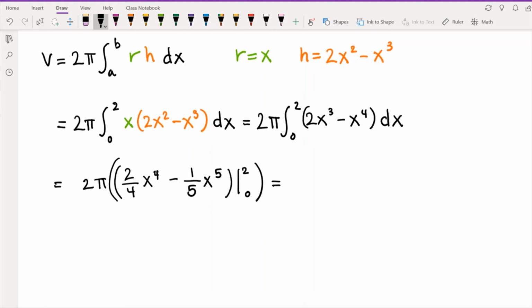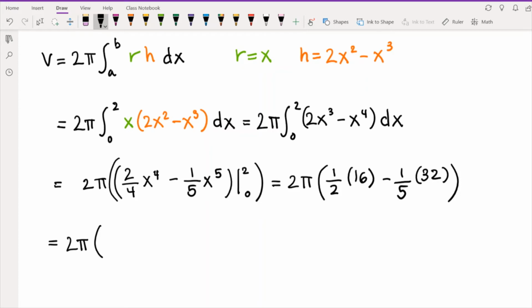And so when we plug in 2, 2 over 4 is the same as 1/2, right? So we have this 2 pi on the outside, and then we have 1/2 times 2 to the 4th power, which is 16. And then we have minus 1/5, and 2 to the 5th power is 32. And so altogether, this gives us 2 pi times, 1/2 of 16 is 8, minus 32 over 5.